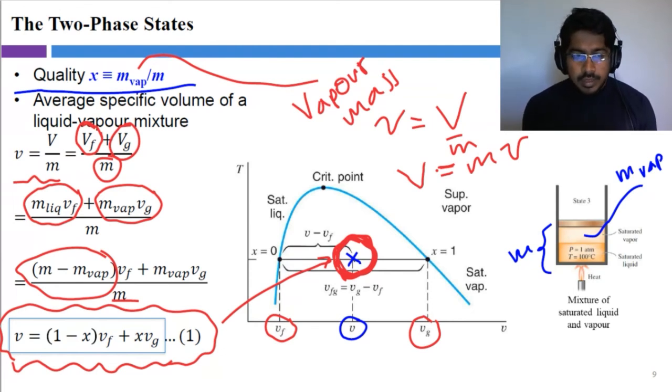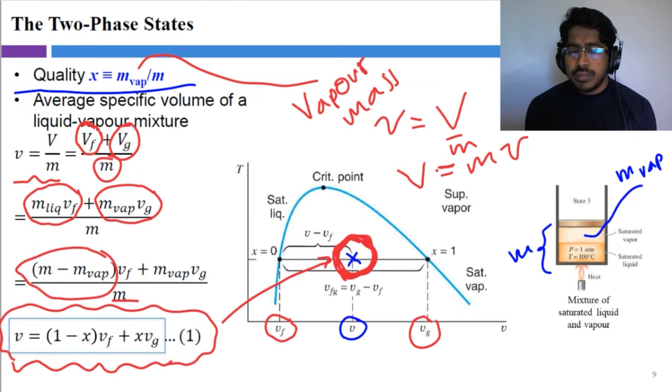So the important note is that the quality of a given substance inside the two-phase region, can it exceed 1? Can x exceed 1? It cannot, because it's the vapor mass divided by the total mass, right? So vapor mass cannot exceed the total mass, therefore x cannot go beyond 1.